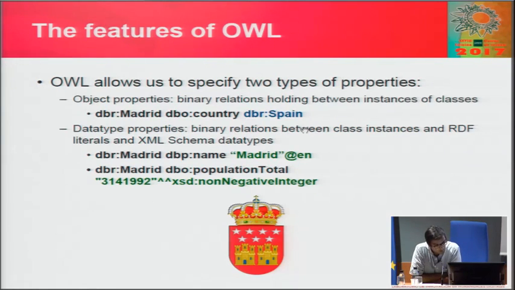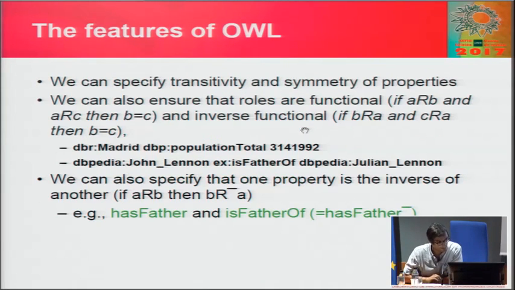And then in the next example, we have population total, which holds between an instance of a class, in this case Madrid, and a non-negative integer, an XML schema data type non-negative integer.